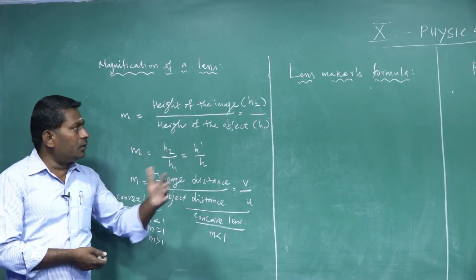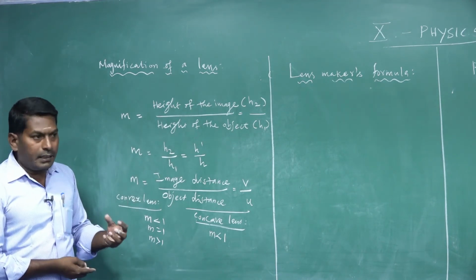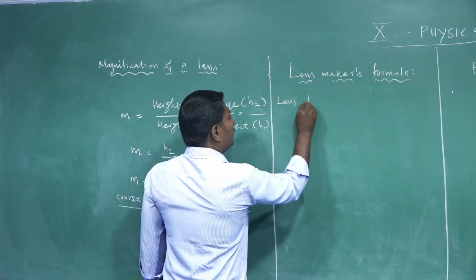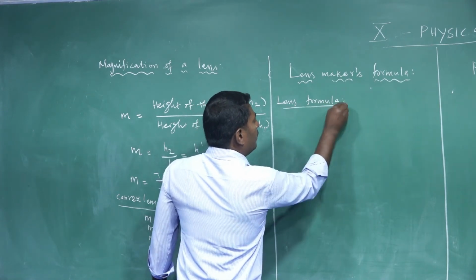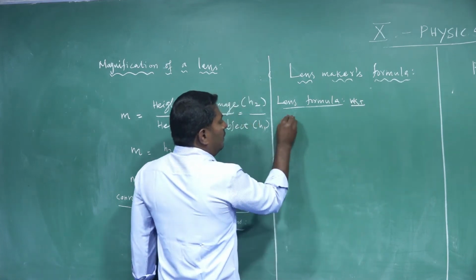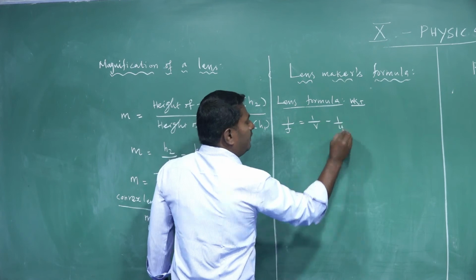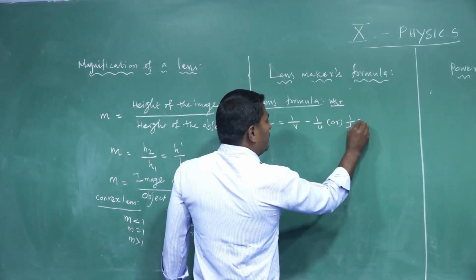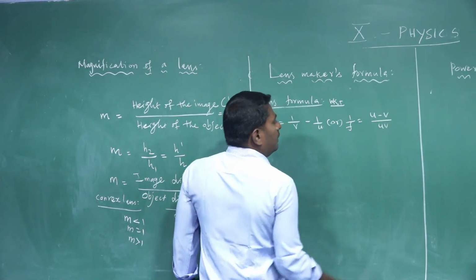Next we move to another topic, the lens maker's formula. Already we know the lens formula: 1 by f is equal to 1 by v minus 1 by u, or it can be rewritten as 1 by f is equal to (u minus v) divided by uv.